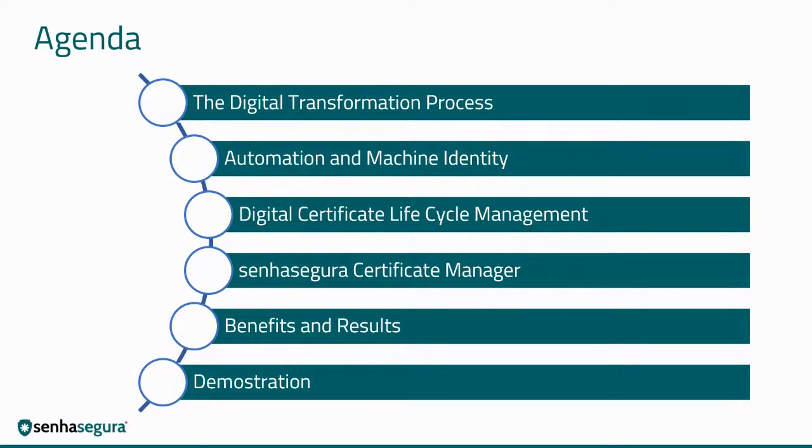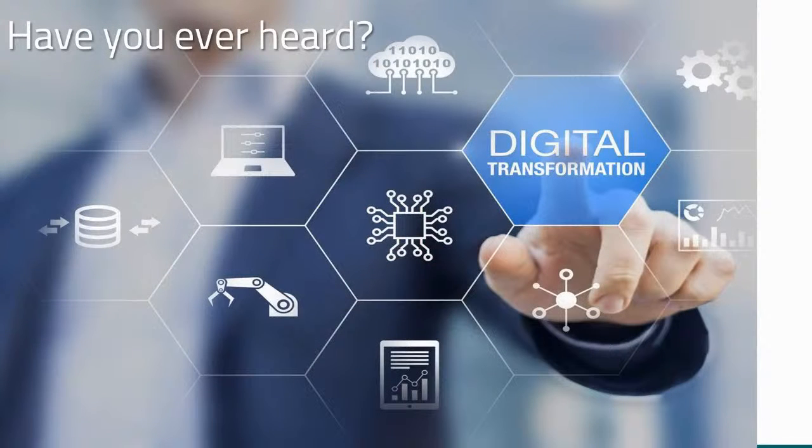Then we will introduce Senha Segura certificate management. We will also talk about how it works and the benefits and results that organizations get when they implement a solution like ours. And finally, I will give you a hands-on of the tool to show the flow and exactly how it works.